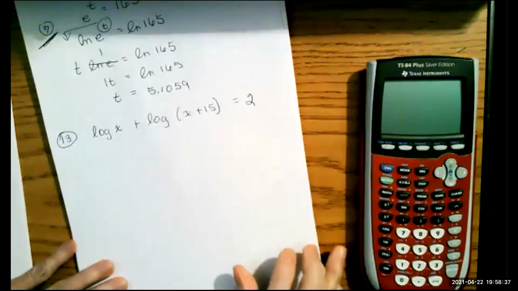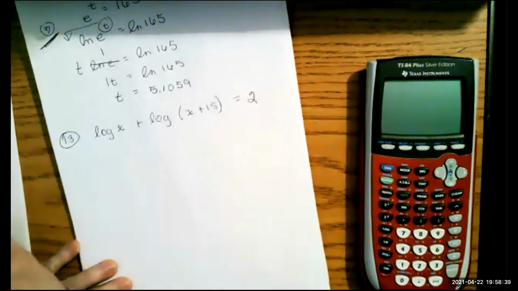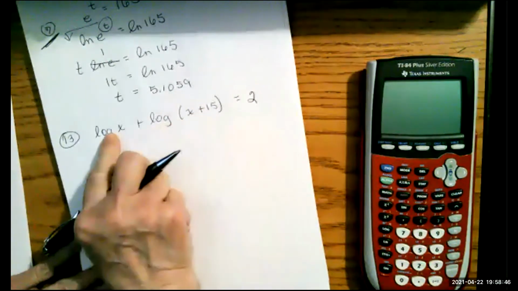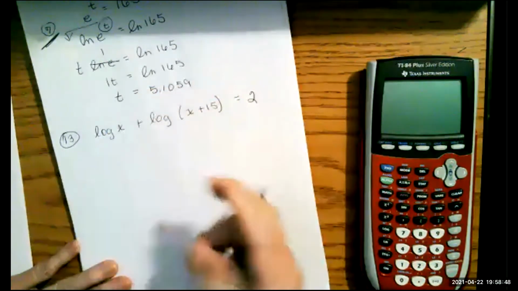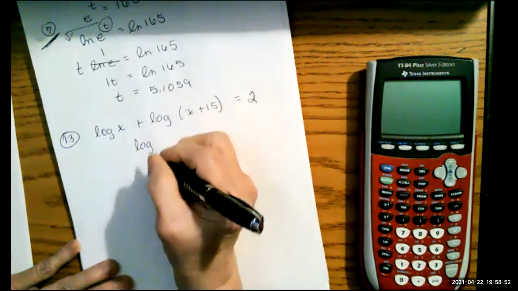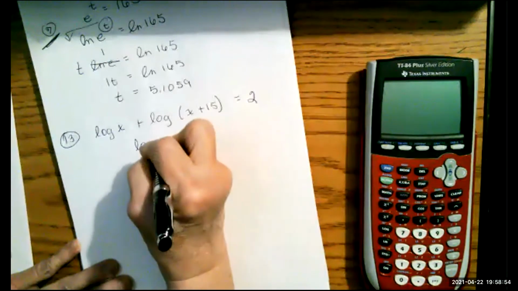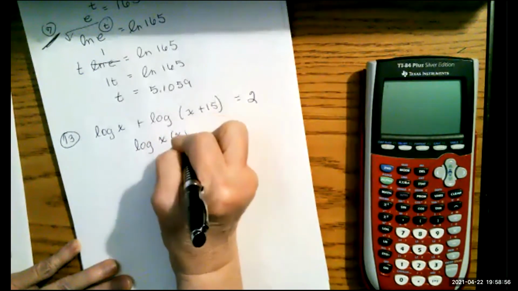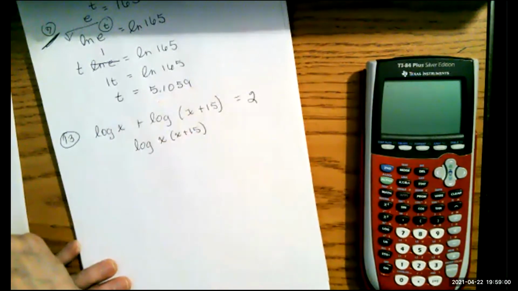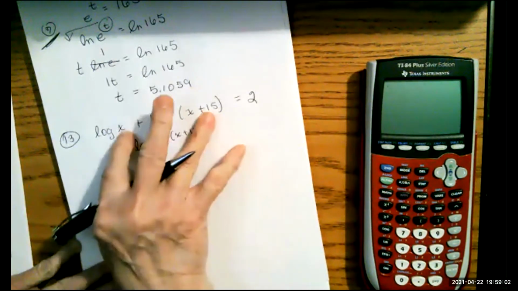Okay, now see, we're beginning to use some of the things we practiced tonight. These are added, so I'm going to reduce this from expanded form back down to the other form, which would be x times x plus 15. Remember, if I break it back down into contracted form, I'm multiplying these log numbers.